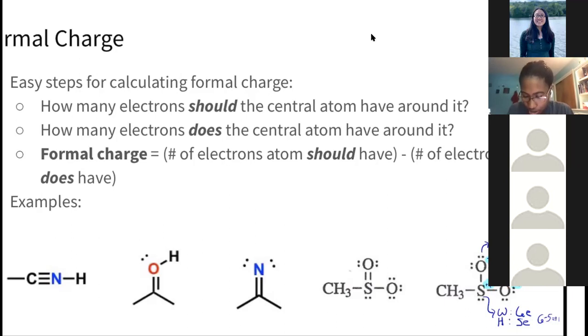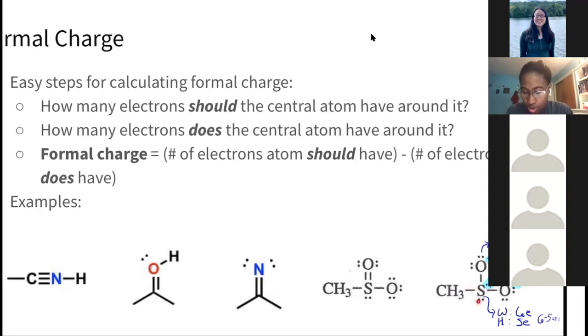Are there any questions about how we did this problem? How did you get the sulfur charge of +1? Okay, so for the sulfur, what we did is we saw that sulfur wants to have 6 electrons around it. And then we counted up that the sulfur did have 5 electrons around it because it gets 3 electrons from these 3 bonds.